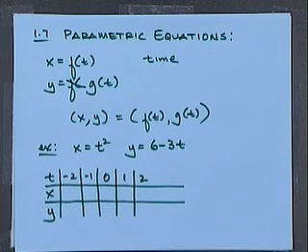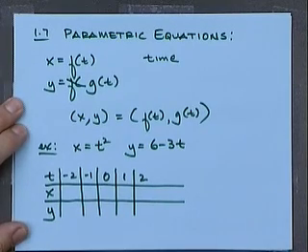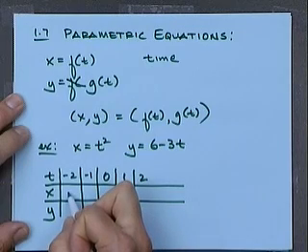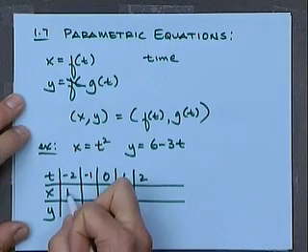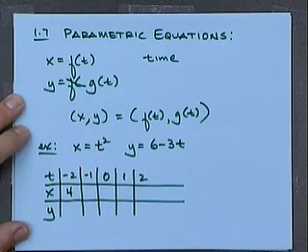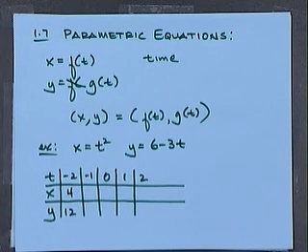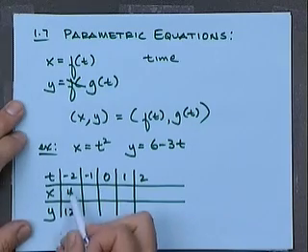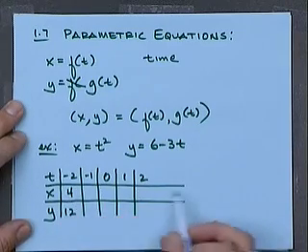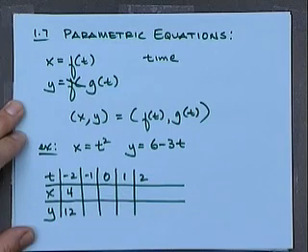I'm just picking some negative value and progressing to the right. If t is -2, what is x? 4. What is y? 12. Not that that's the starting point, but that's our starting point as we plot points from negative values of t all the way up to positive values of t.